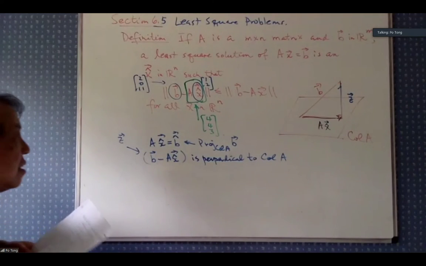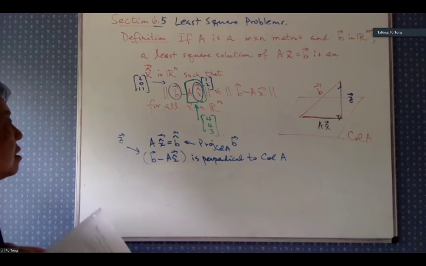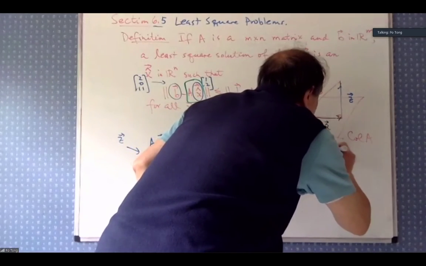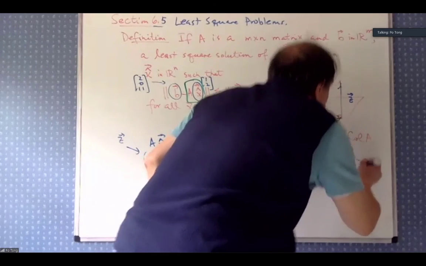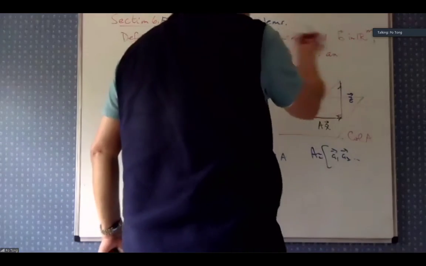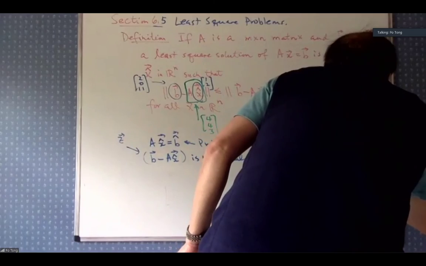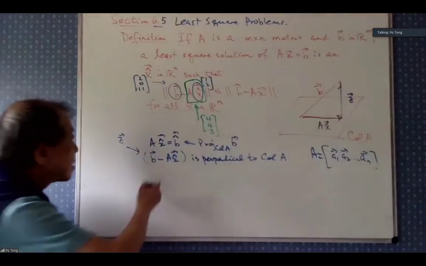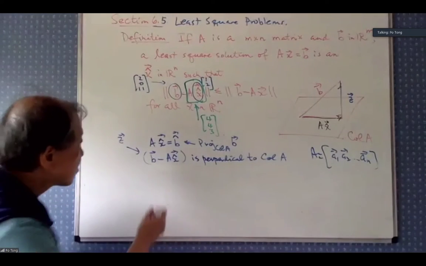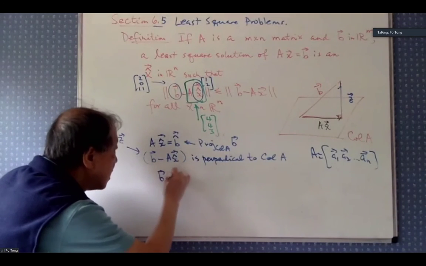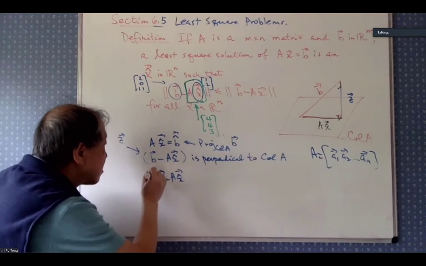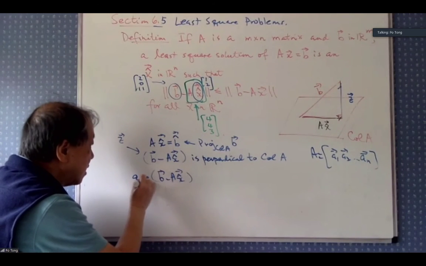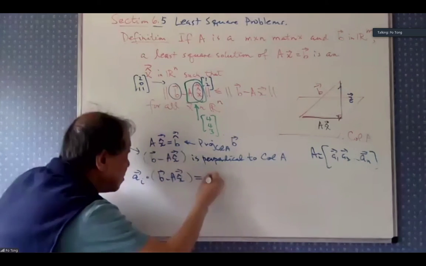What does that mean? That means if my A is written as A1, A2, and so on up to An, an m by n matrix, then this guy dotted with each one of these is equal to 0.